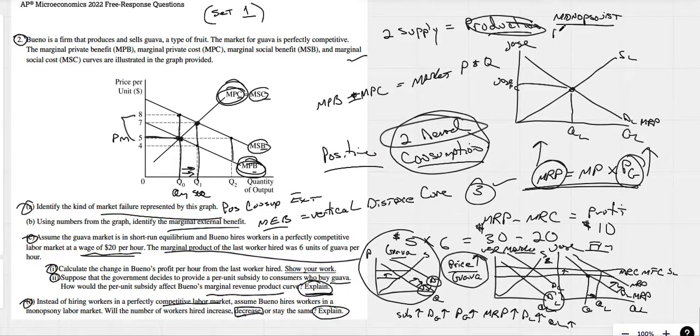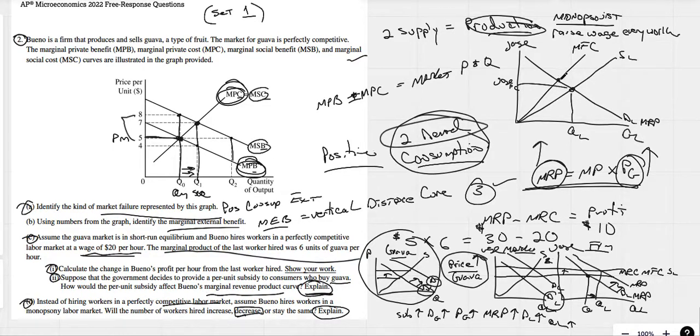has to raise the wage for every worker it hires. For every worker that it hires. Because of that, we always draw their marginal factor cost or marginal resource cost, they're the same thing, whichever one you want to use, above the supply of labor curve.